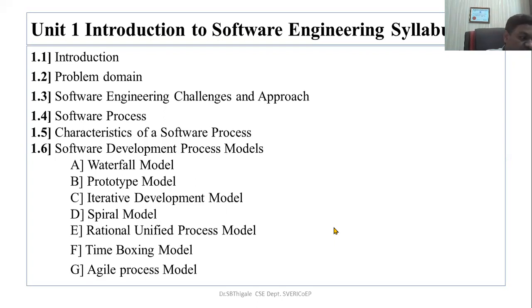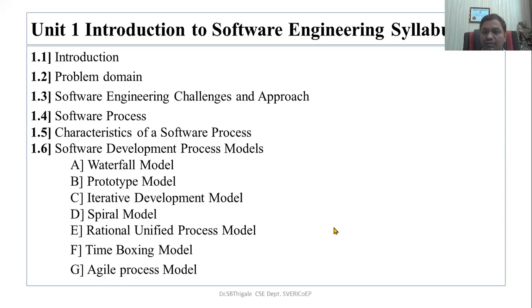So there is a direct relationship between which product you are working on and which process you are going to apply. We need to define the relationship between the project and the process. That part we will discuss.